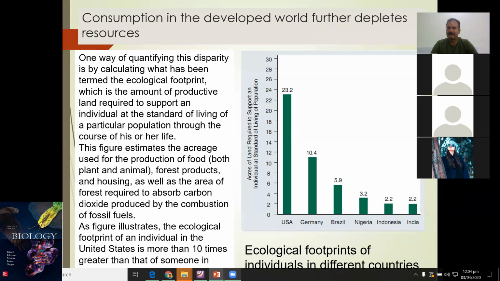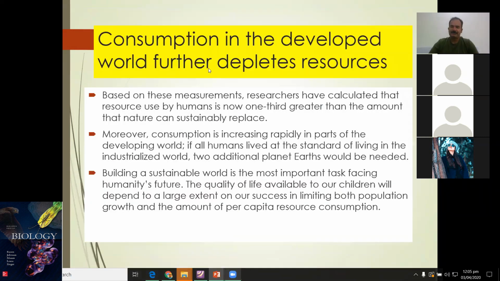That's why different companies from Europe, the United States, and China are investing and competing with each other to grab the maximum resources of the developing world. The developed world is consuming more resources as compared to the less developed countries.